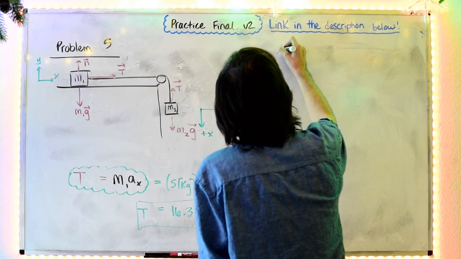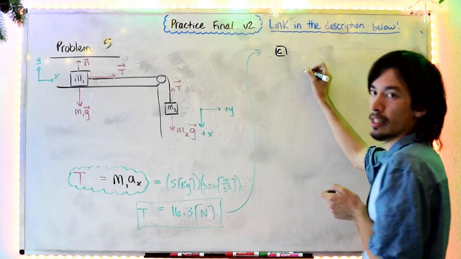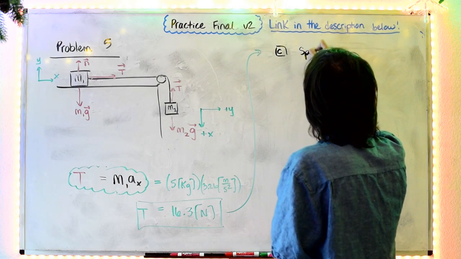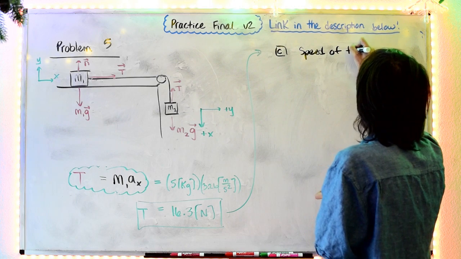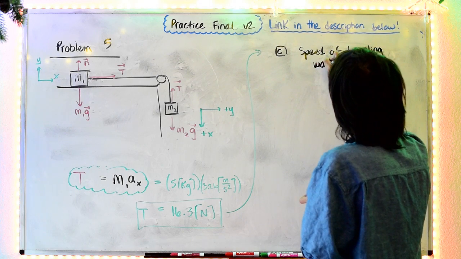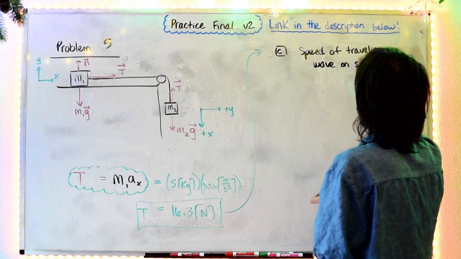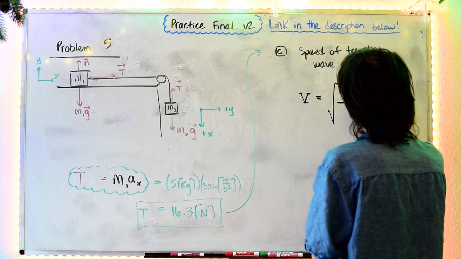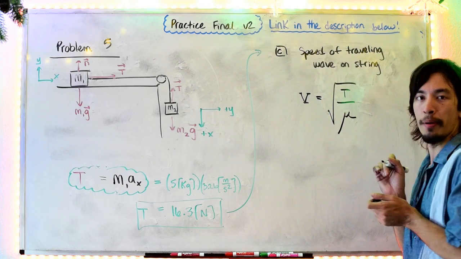Part C. The speed of a traveling wave on a string is v equals the square root of T over mu.